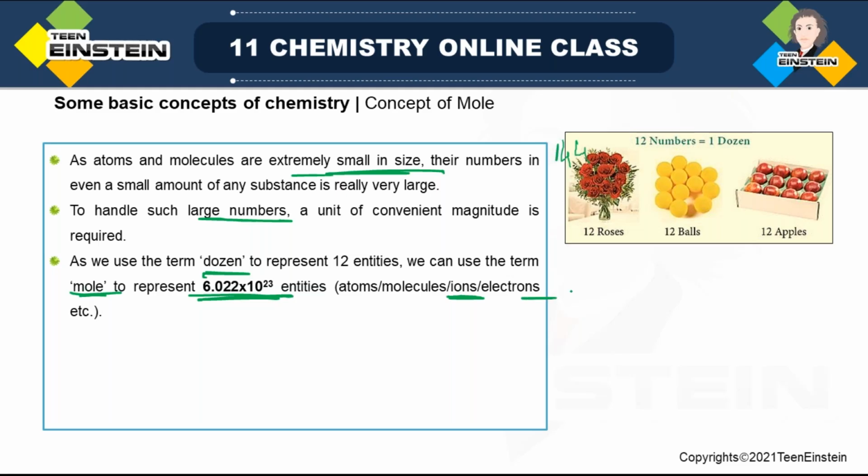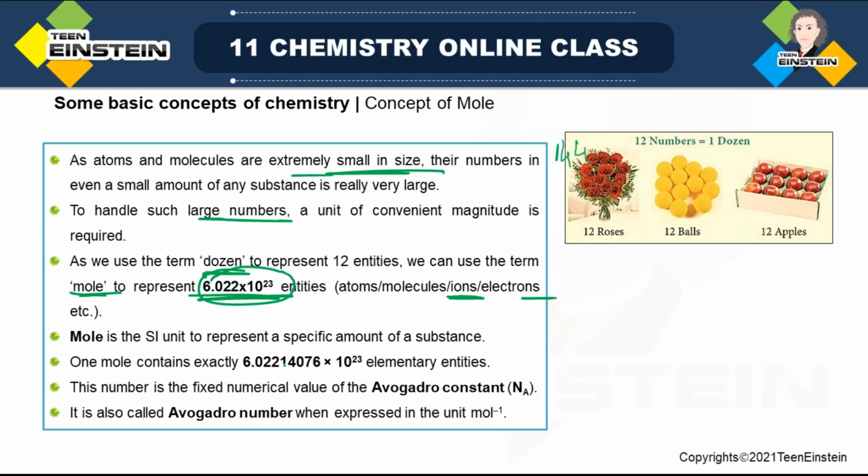So any particle which is very small, it may be atom, molecule, ion, electron, proton, neutron, anything, but the particle size is very small. That means their quantities are very high. So whenever you get any quantity, simply divide it by this number and you will get the number of moles. When we express it in terms of moles, it will be easier to handle.